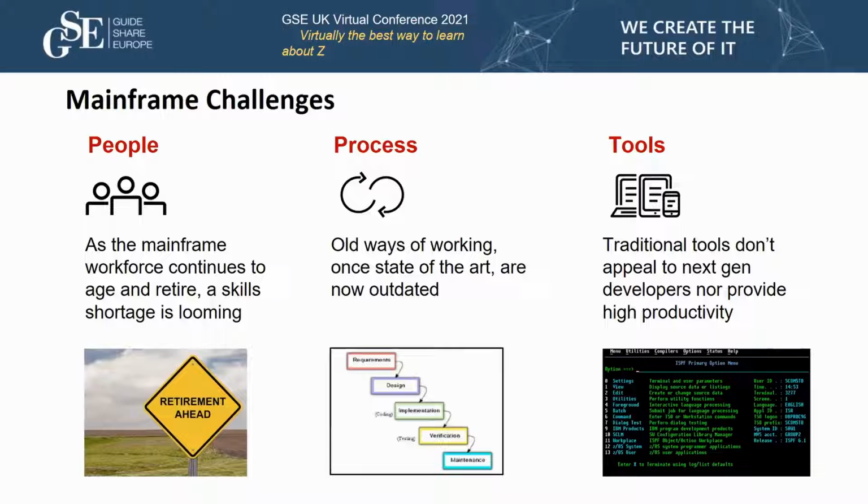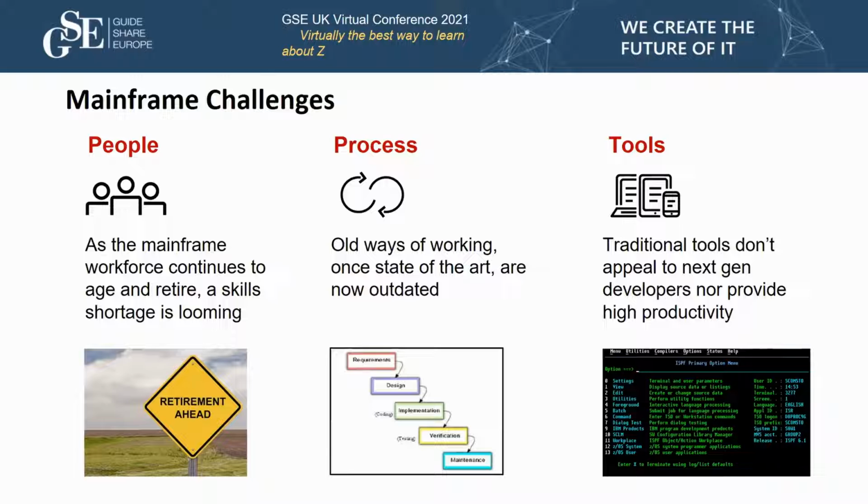But not only that, as a mainframer, I have also noticed that there's a challenge within processes. There's an old way of working that was considered state of the art, but is now outdated. And another challenge is traditional tools that don't appeal to next generation developers, or for me, a mainframer, don't provide high productivity.